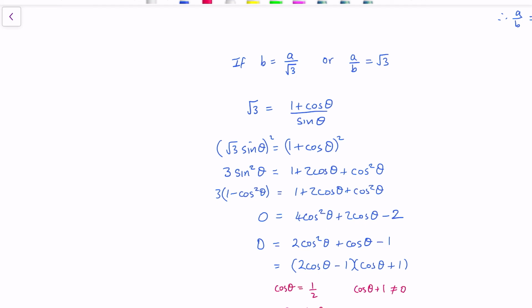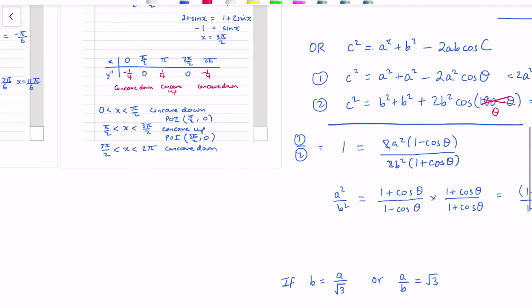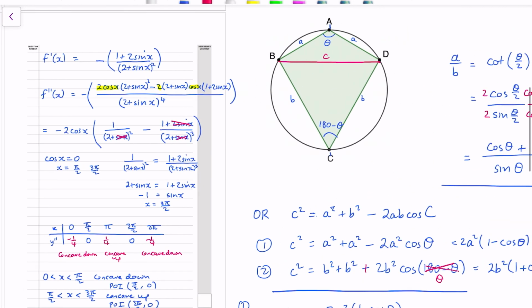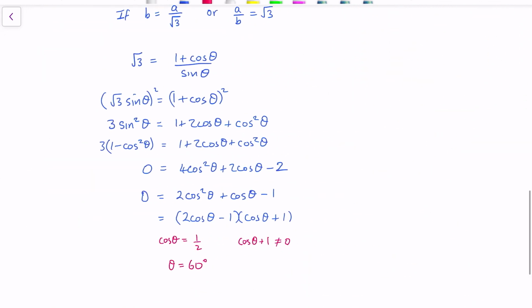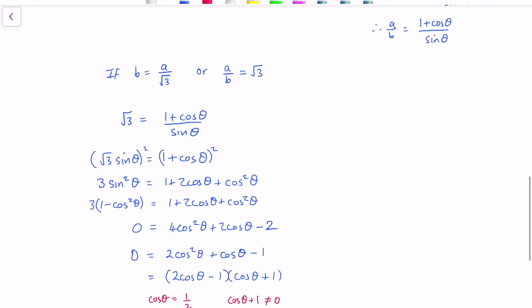Okay, so at the moment the picture is drawn way different, because what we've got there is a over b equals root 3, which would mean that a is bigger than b, but at the moment it's drawn with an obtuse angle and b is bigger than a. Now that is a way of solving it.